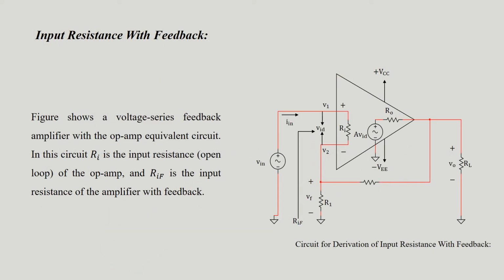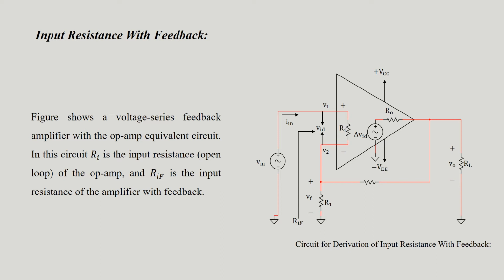Coming to the input resistance with feedback. The figure shows the voltage series feedback circuit with its op amp equivalent circuit.